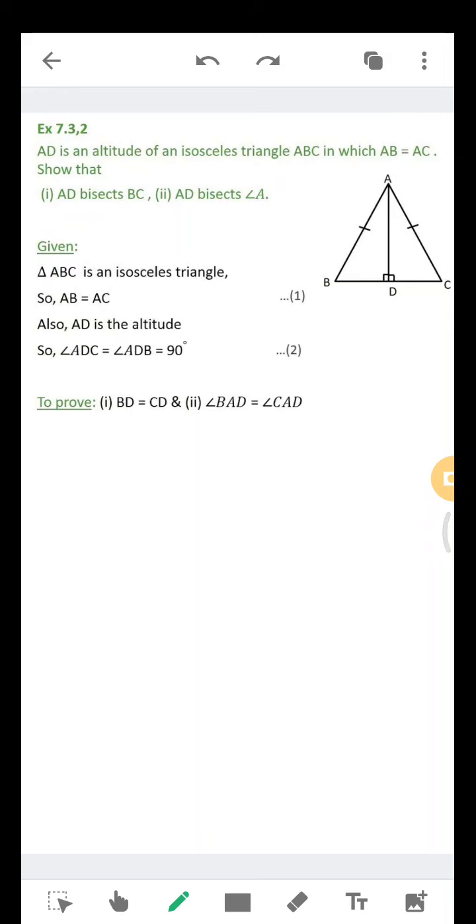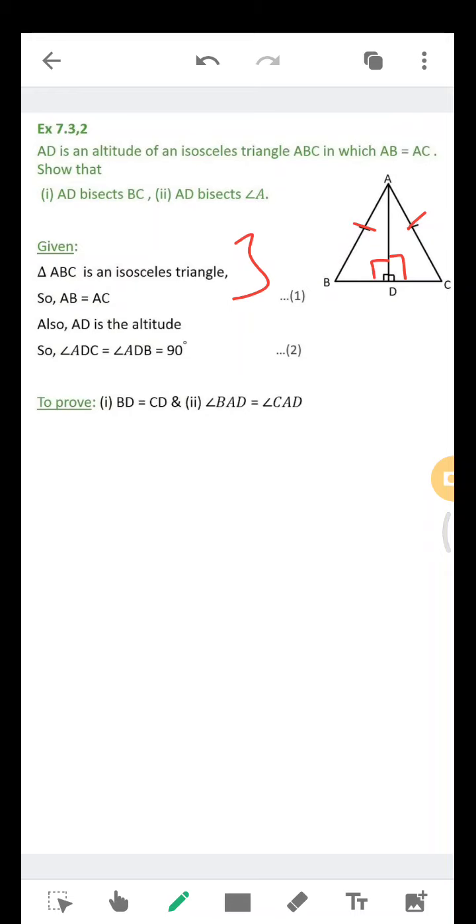How to prove? Which congruency rule can we use here? You can clearly see in these 2 triangles, triangle number 1 and 2, we'll see what the congruent parts are. I can say this angle is equal to this angle because both are 90. Then I can say AB is equal to AC, right angle, then that is hypotenuse. Then which other part can I take here, because I need 3 parts.